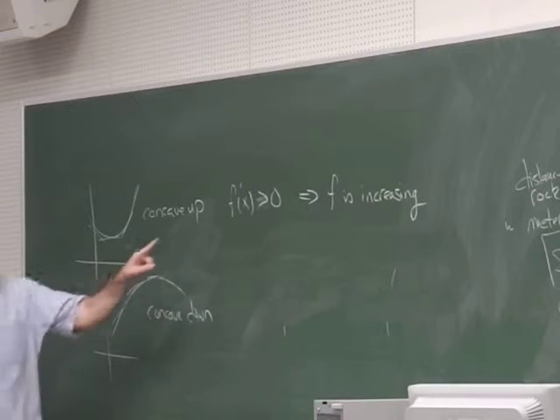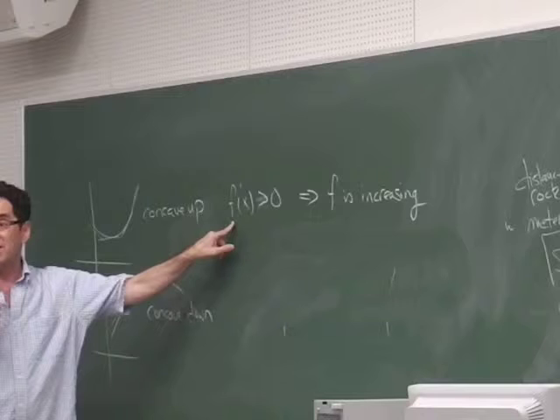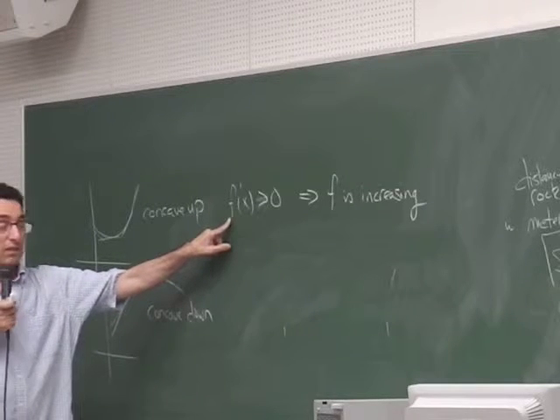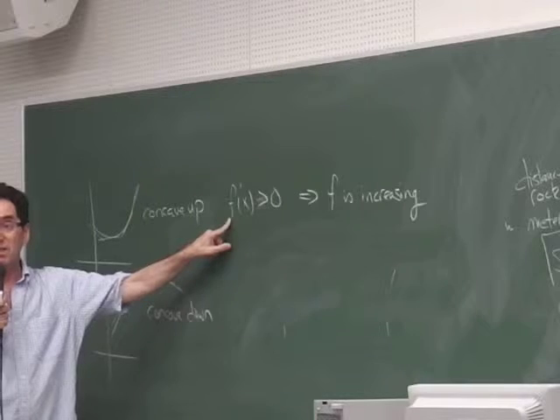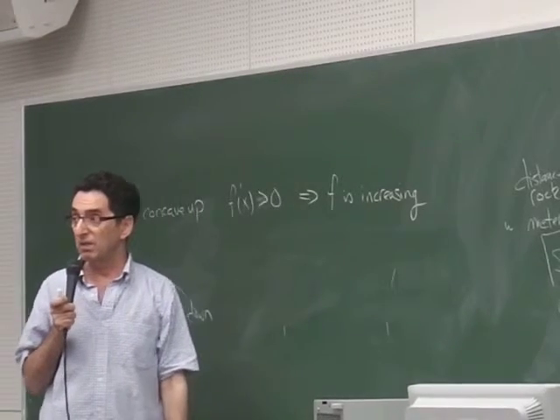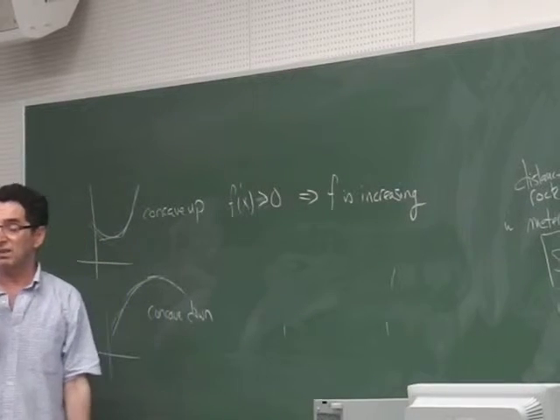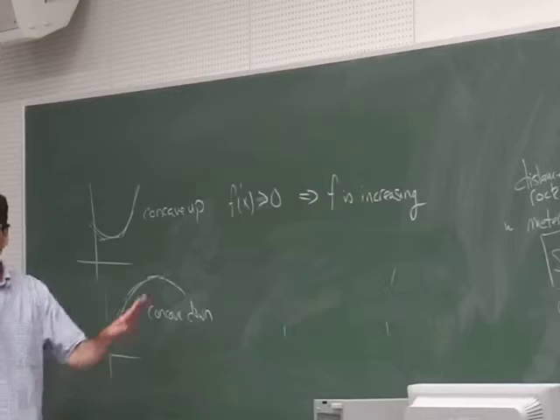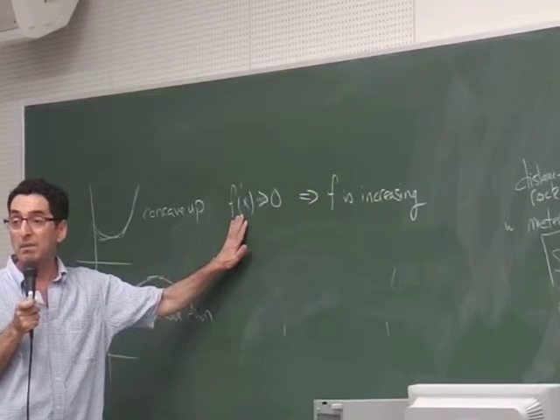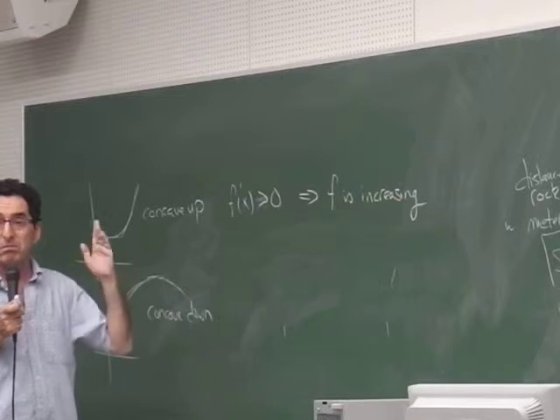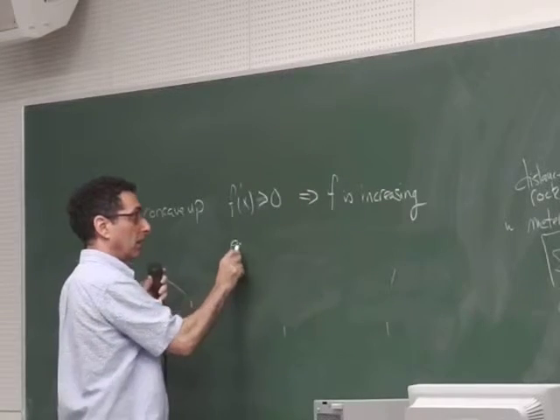Now, we also made this statement. This is a different statement. This is just a statement that says that if the derivative is positive, then f is increasing, right? Everyone agree with that? Now I'm going to do something a little bit tricky. What I'm going to say is, this is true no matter what function I put in here. So I could put egg.